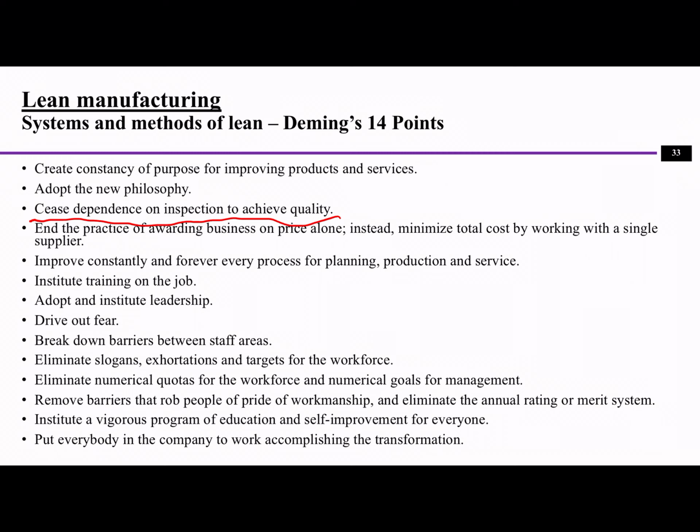Some of the quality experts say that inspection or quality assurance is not needed, right? Quality assurance is needed if you don't have really high quality processes. When we were talking about quality, we did a lot of process capability, right?